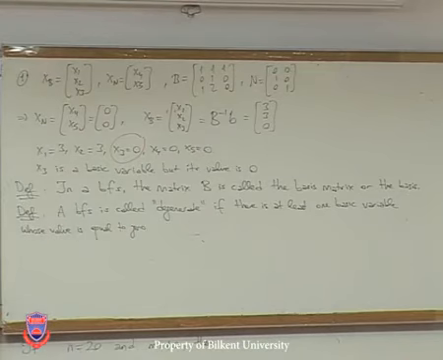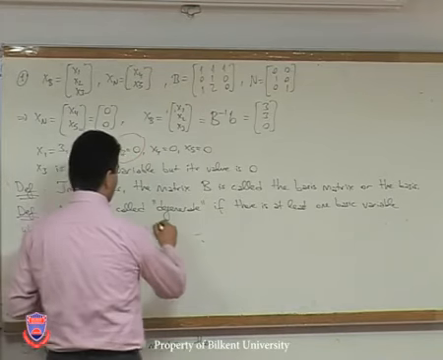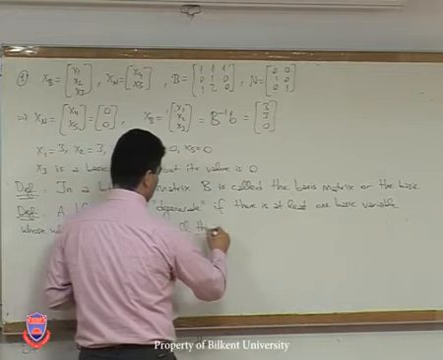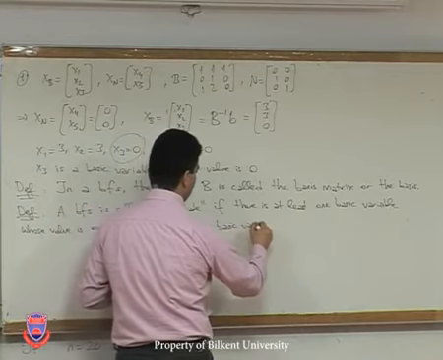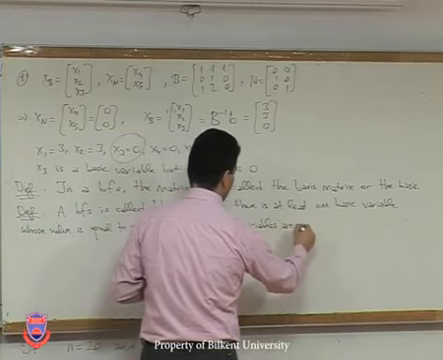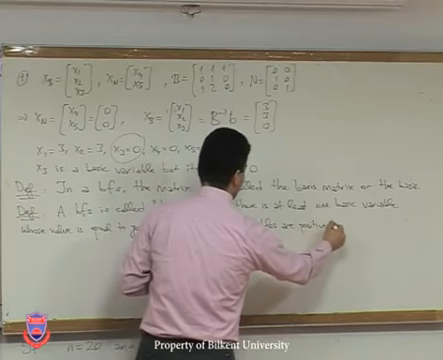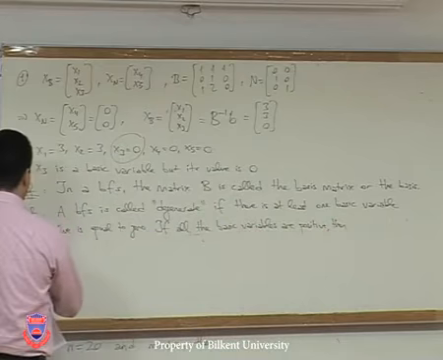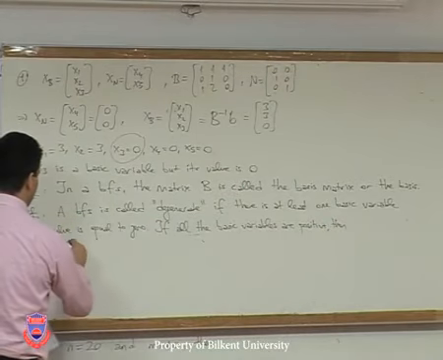So if I compute a basic feasible solution, and there's at least one basic variable whose value is equal to 0, then I'm going to call that a degenerate basic feasible solution, okay? Now if I go back to this example, would this be a degenerate basic feasible solution? Yes, because x3 is a basic variable and its value is equal to 0. On the other hand, if all the basic variables are positive, then it is a non-degenerate basic feasible solution.